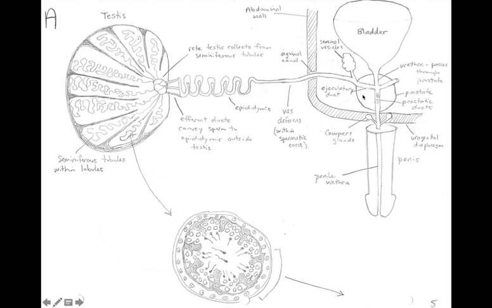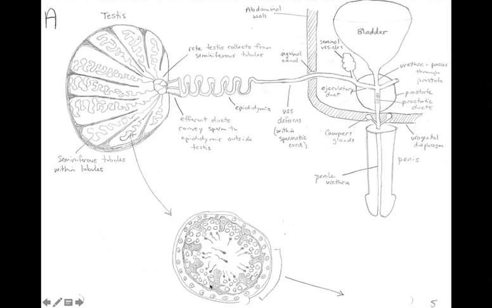So the seminal vesicles, shown up here, and the prostate would add their secretions to the sperm coming from the epididymis through the vas deferens. And then, of course, the Cowper's glands add their secretions last, buffers and lubricants, to form the composite secretion known as semen.